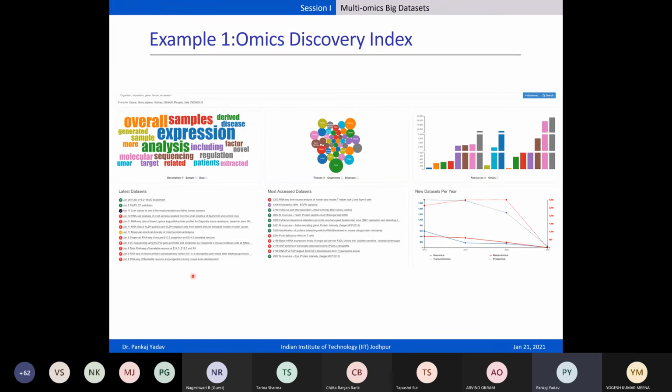And mind you, this community is now really big. A lot of other people have now been involved in developing tools on this repository. So it is quite an interesting platform if you are interested in working in this field of multi-omics big data.